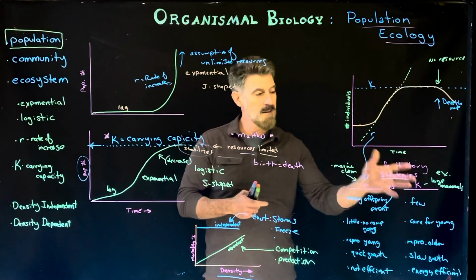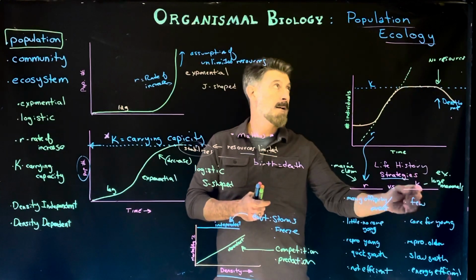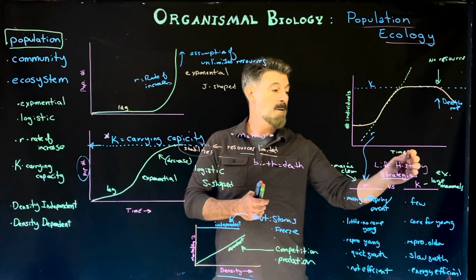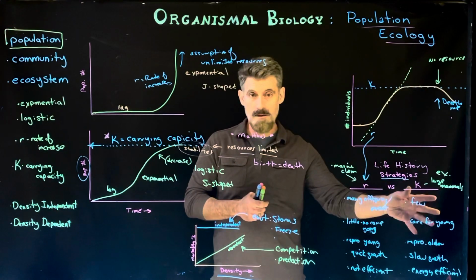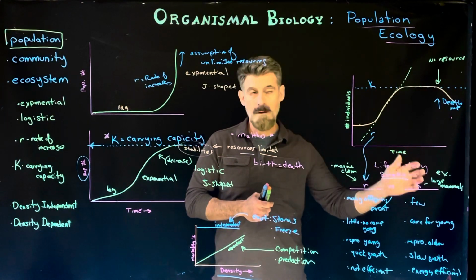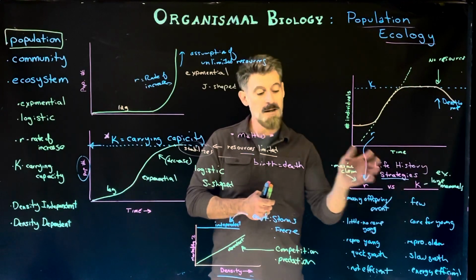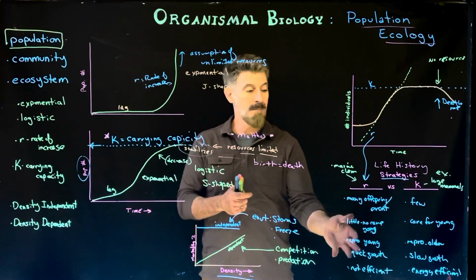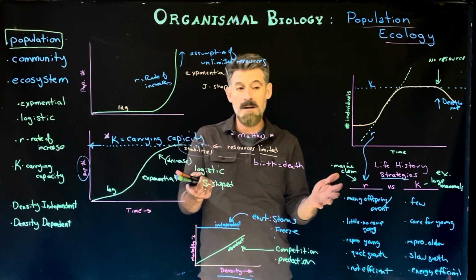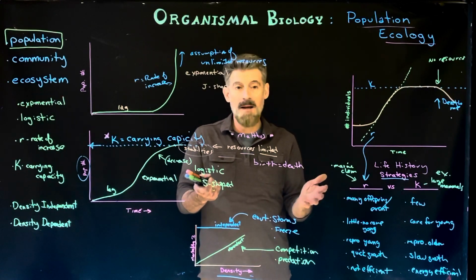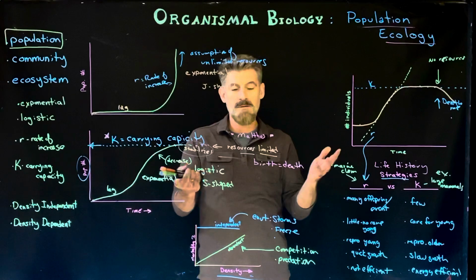They tend to have a lot greater development in terms of their intelligence. So K strategists tend to have far more intelligent and complex behaviors sometimes than R strategists. So maybe a sedentary or sessile filter feeding animal doesn't even really have a lot of behavior. It just sits there and filter feeds.